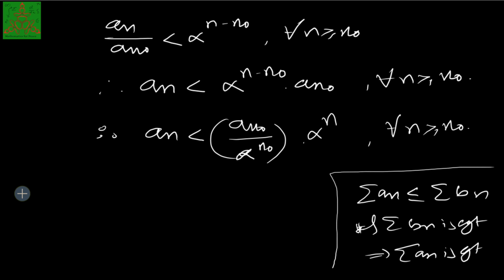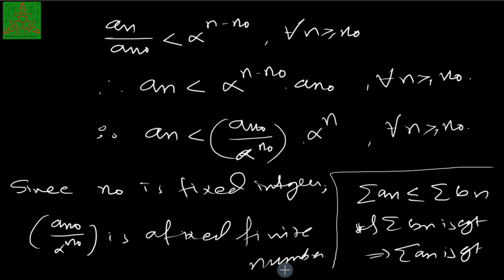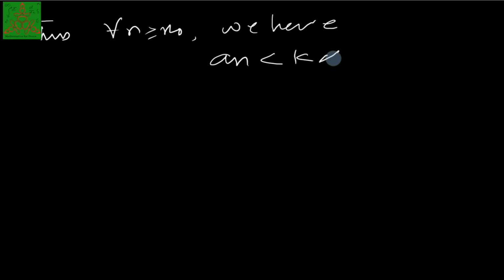So let us write down that since n0 is a fixed integer, a_n0 upon alpha raised to n0 is a fixed finite number. Let us say that number is k. So thus what we have is, for every n greater than or equal to n0, a_n is less than k times alpha raised to n.